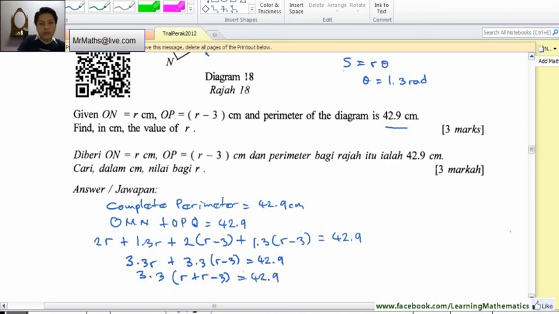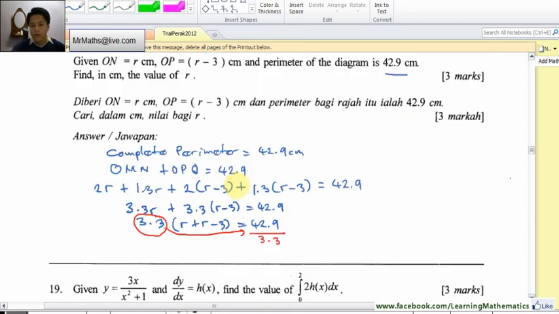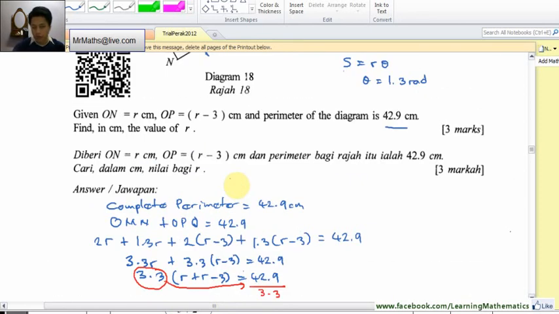So let's move 3.3 over to the other side. Move it over this side, becomes denominator. 3.3 over here, move down. Okay, we don't have enough space down there. We continue with that on the right.